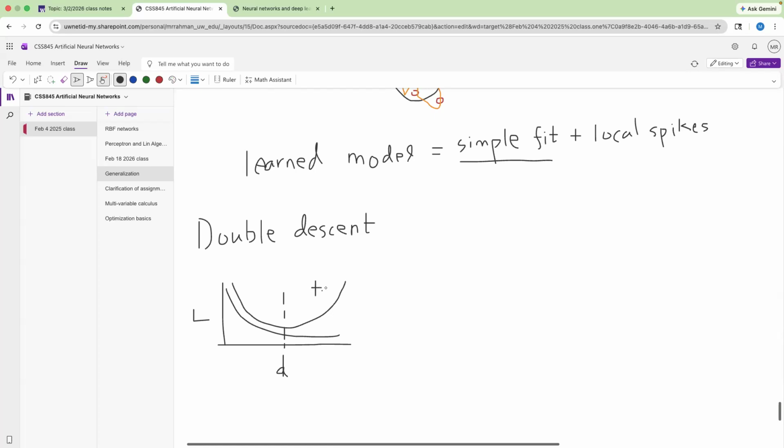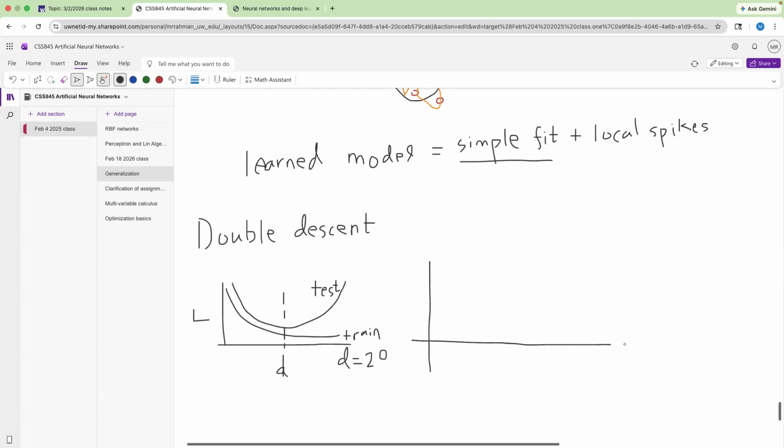This is test, and this is train. And let's say here the maximum complexity is a 20-degree polynomial. You can think of 20 as a classical regime of smaller-scale models. And this is where you would try to train with a smaller capacity to get a better fit, right?